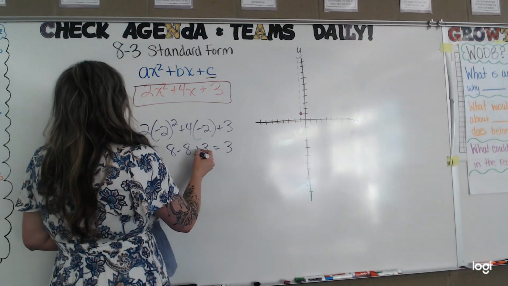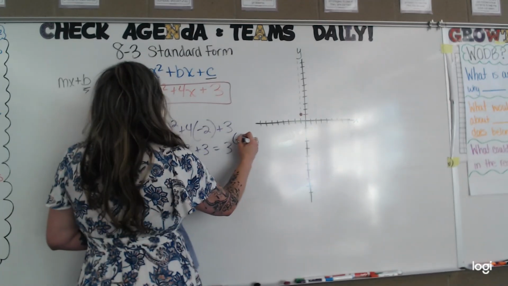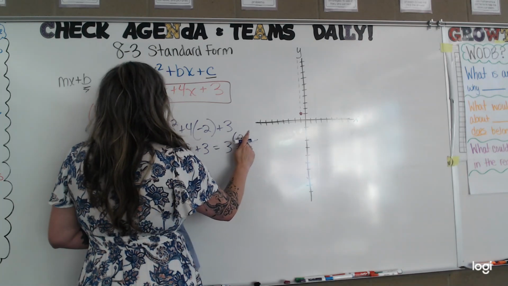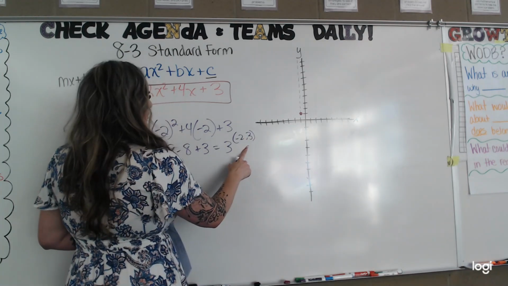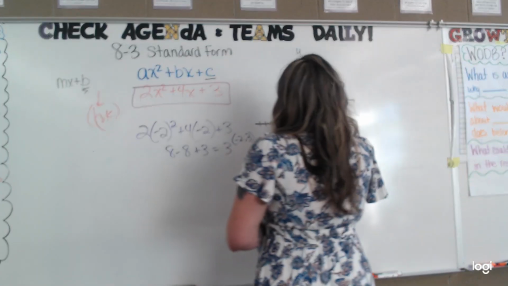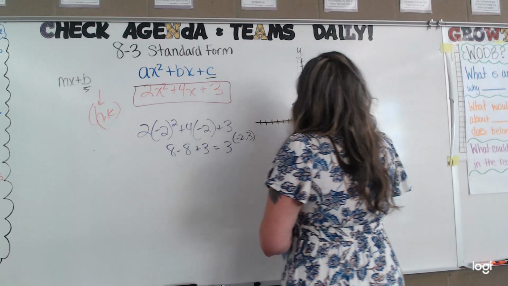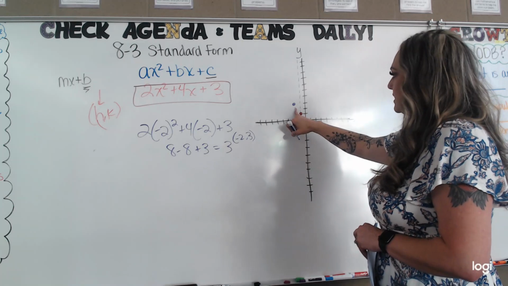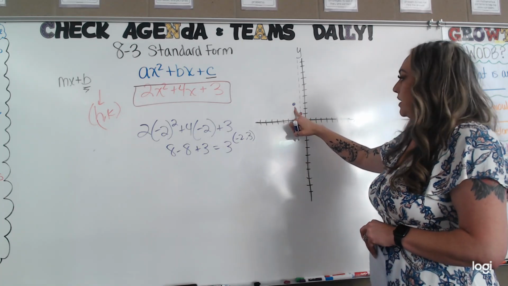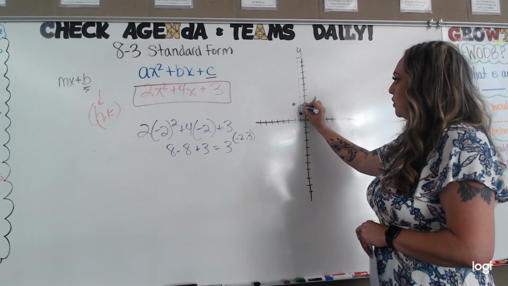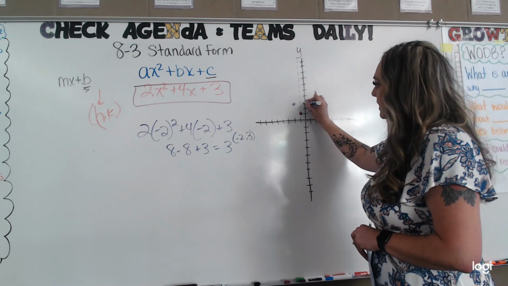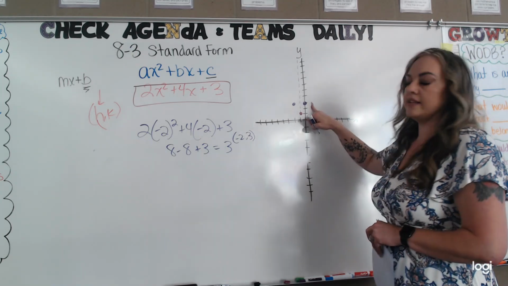So when x is negative 2, whoops, y is 3. So I can put that point here, negative 2, positive 3. Now, I see that this point is 1 unit away from my axis of symmetry, so I reflect it on the other side, and I'm right here on the y-axis.